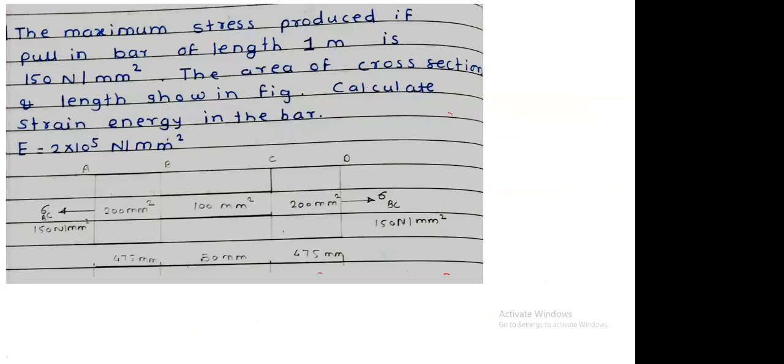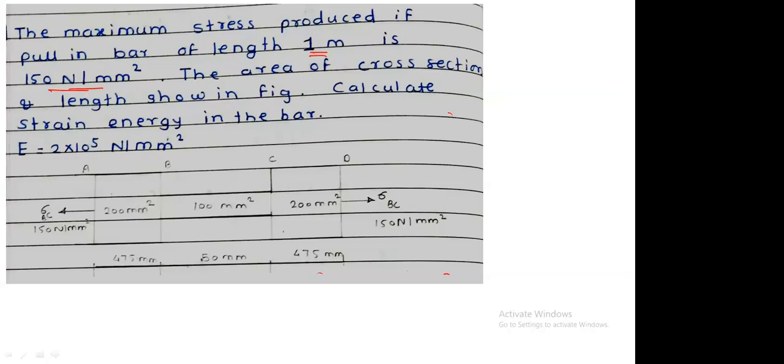So this is the statement in front of you. Read the statement carefully, and then you will understand what exactly they have given and how to calculate the total strain energy in the bar. The maximum stress produced if pull in the bar of length 1 meter is 150 Newton per mm square.